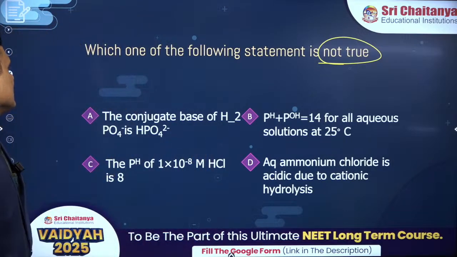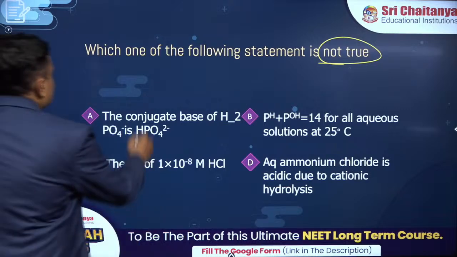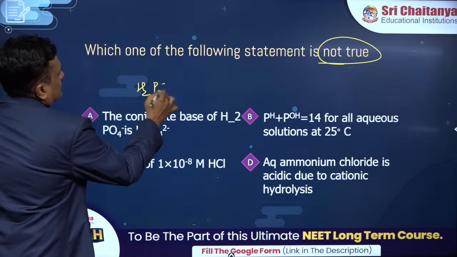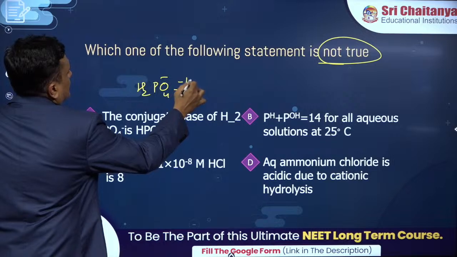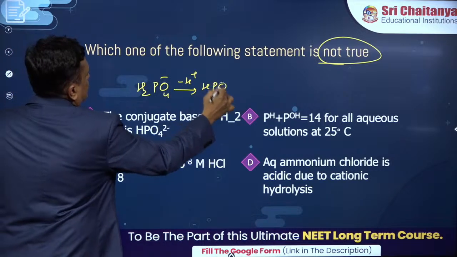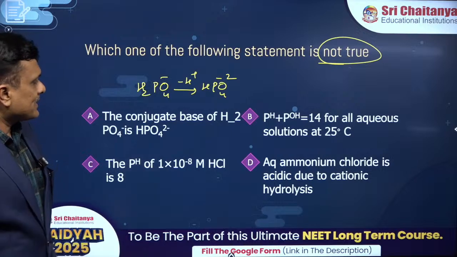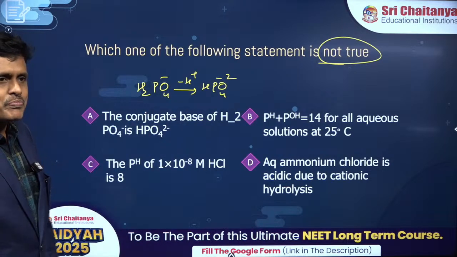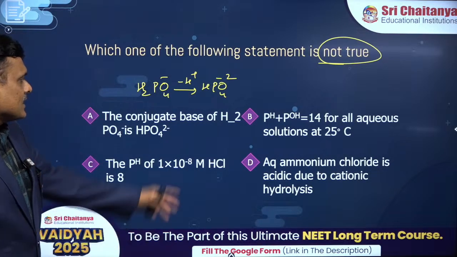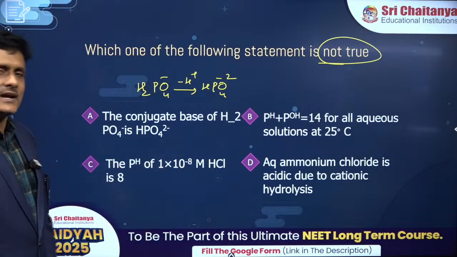Not true. The conjugate base of H2PO4 minus is HPO4 minus 2. You know that when you remove the H plus, you will be getting the conjugate base. That's absolutely correct. Next, pH plus pOH is 14. Good evening, Raghavendra. Aqueous ammonium chloride is acidic due to cationic hydrolysis.